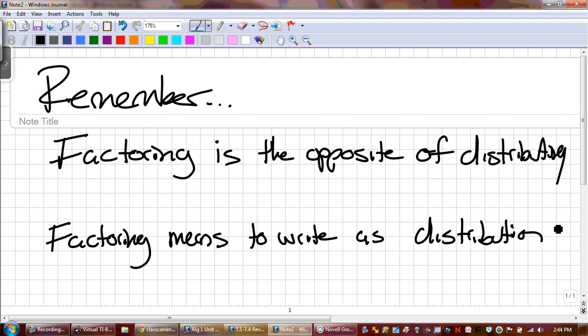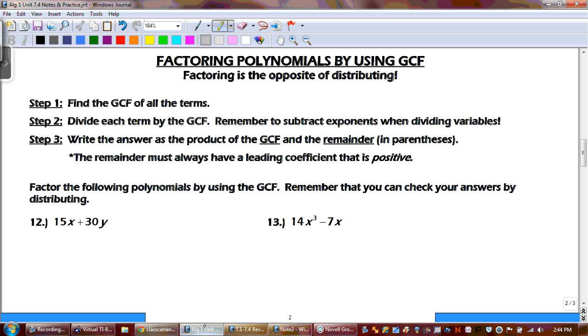Okay, so our final answer will look like something that we just solved in the last section. So it's pretty much we're doing backward steps now. It even says it right here on your sheet that factoring is the opposite of distributing. So 3 steps. Step 1, we got to find the GCF of all the terms.